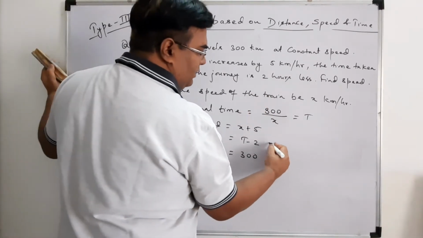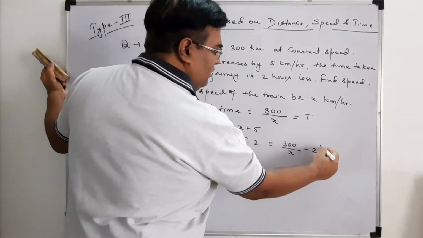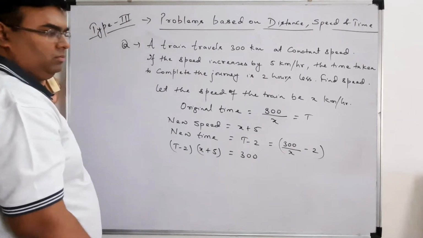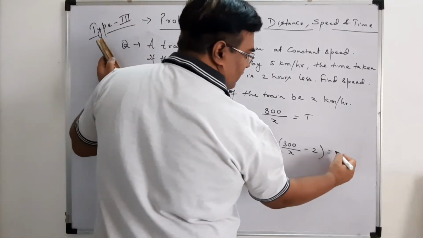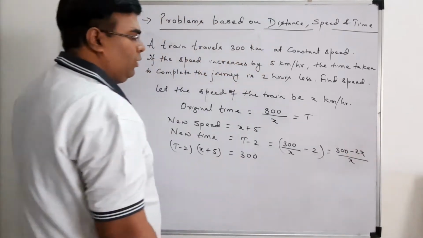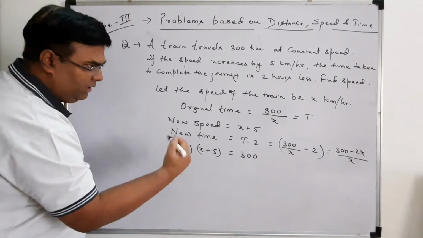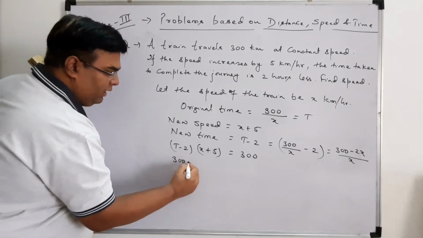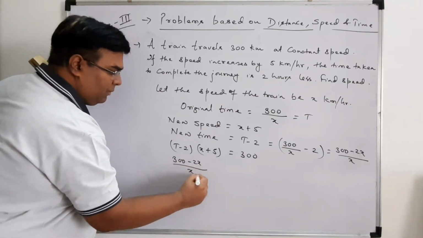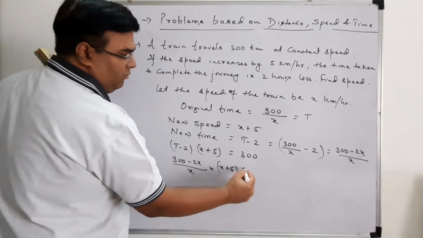T minus 2 you can say 300 upon x minus 2, or you can simplify it 300 minus 2x upon x. Correct? So just putting the values here, we get 300 minus 2x upon x multiplied by x plus 5 is equal to 300.